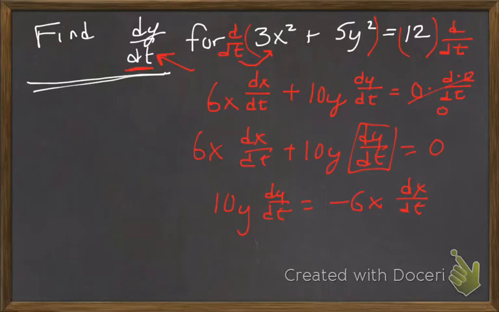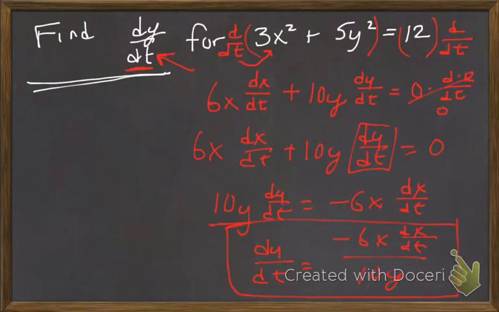Divide in order to get dy dt by itself, so dy dt is equal to negative 6x dx dt divided by all of this, which is 10y. Not a very pretty answer, but there it is. Dy dt, y changes as a function of time. The change in y over the change in time is that ugly equation over there.